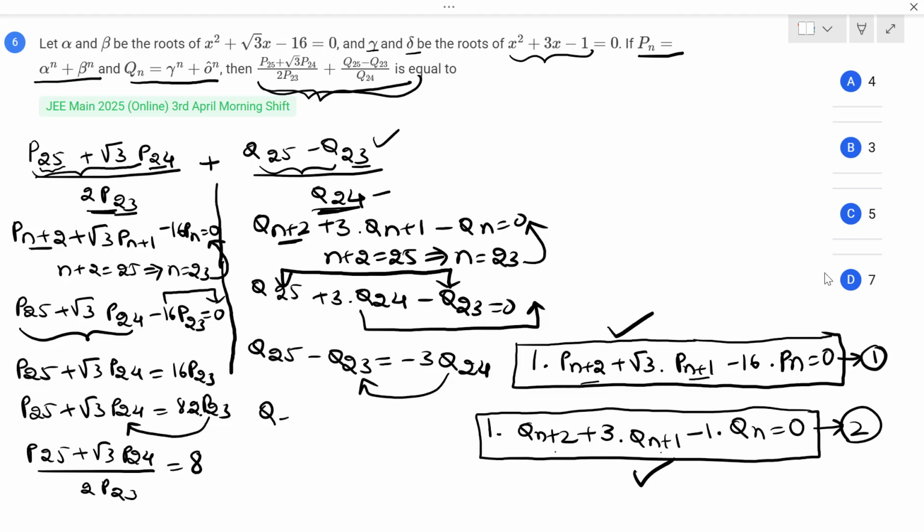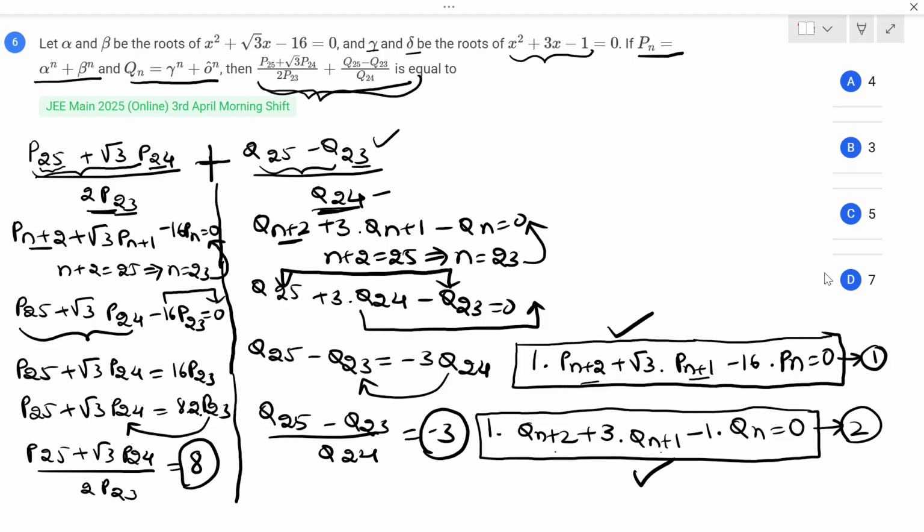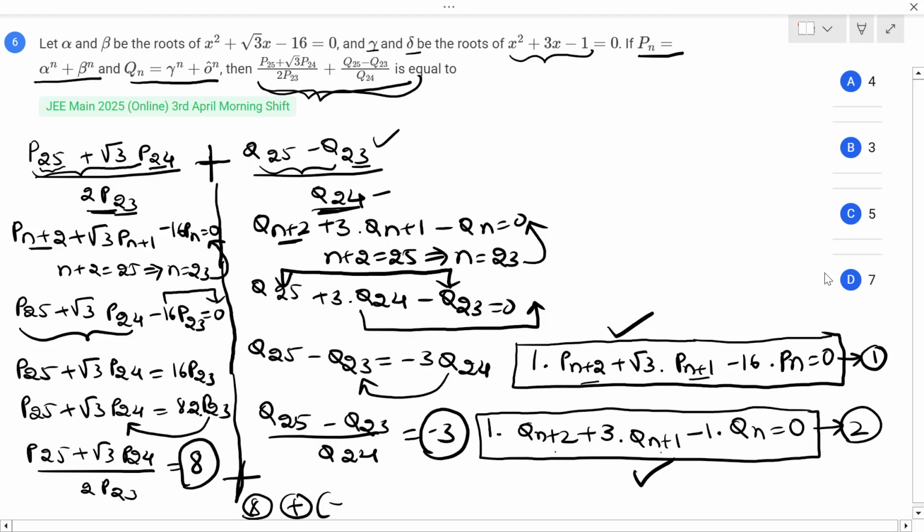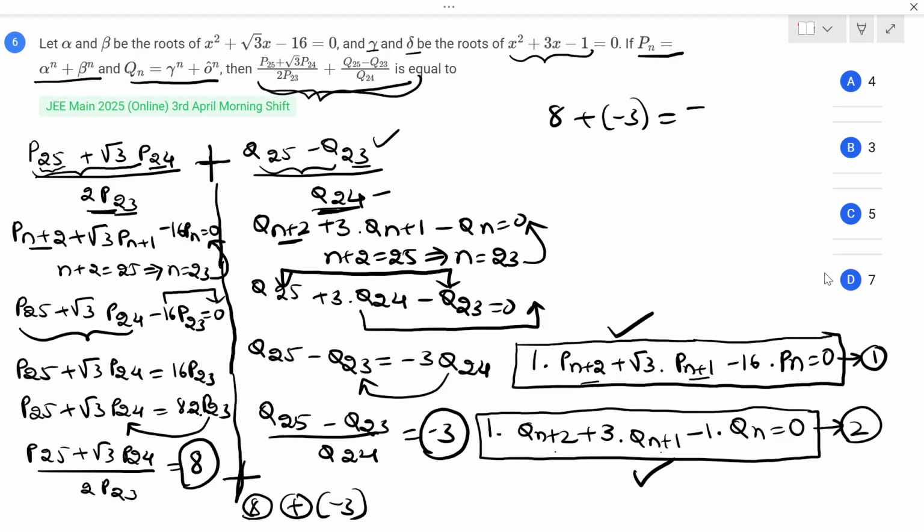So Q25 minus Q23 divided by Q24 is equal to minus 3. The left side you got as 8, the right side you got as minus 3. There is a plus in between them. So 8 plus minus 3, which is the answer, 5. So option C is the correct option.